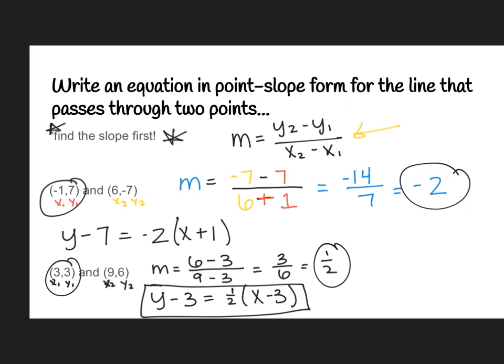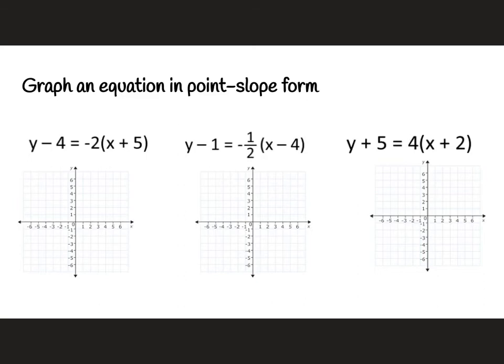Hopefully not too terrible. We just added the other step. You just find the slope first, and then you plug and go. It's a lot of just plugging in. Now we want to graph an equation in point slope form. We're graphing and finding and all of these other things. So we know that we have a point and the slope.